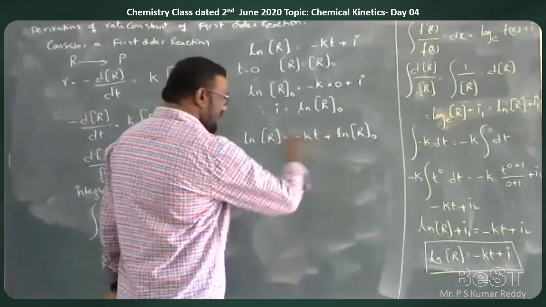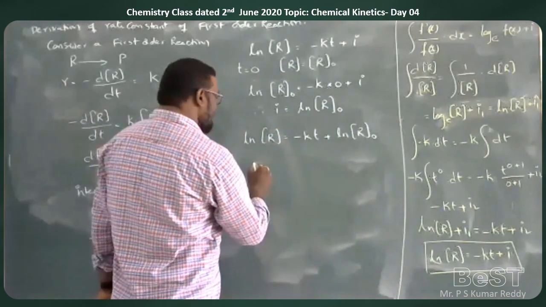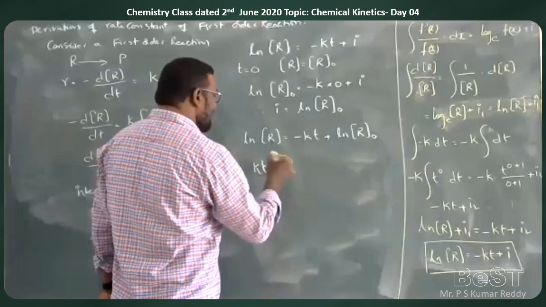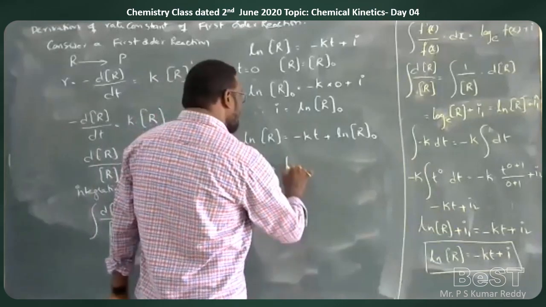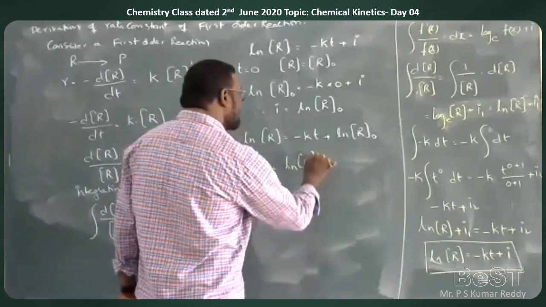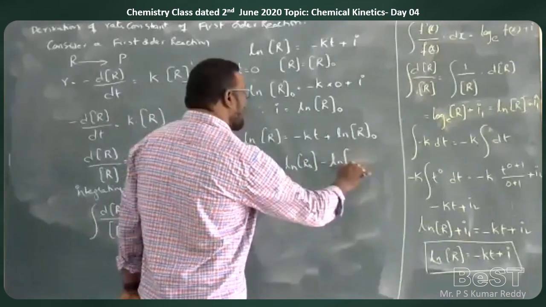Rearranging this, you will be getting kt equal to ln of R naught minus ln of R.